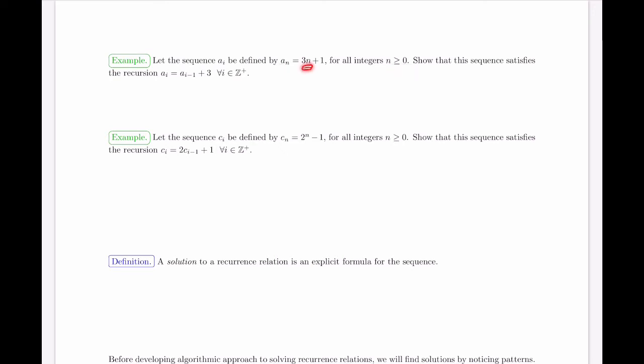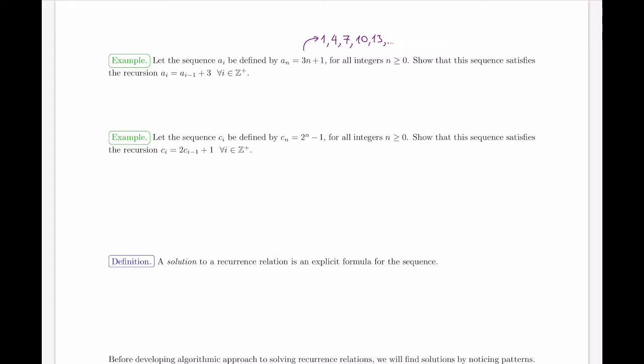So let's say I'm plugging in n equals 0. So this sequence will produce a0 being 1. a1, so I will plug 1 in for n, will be 3 times 1, so 3 plus 1 is 4. a2, plugging in 2 for n, will produce 7. a3 will produce a 10, a 13, and so on.